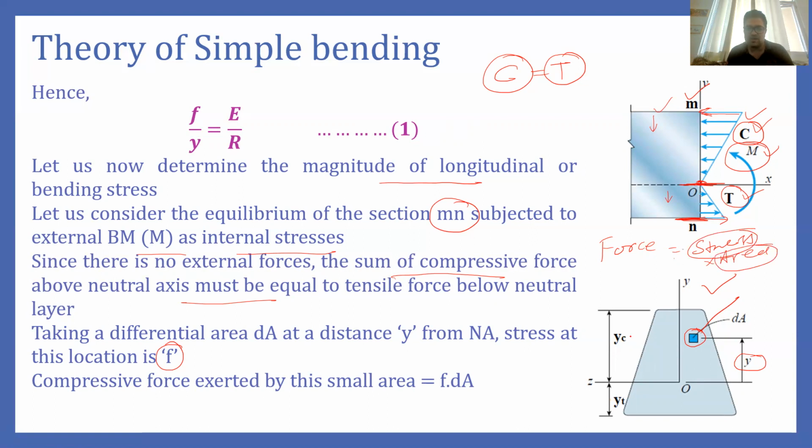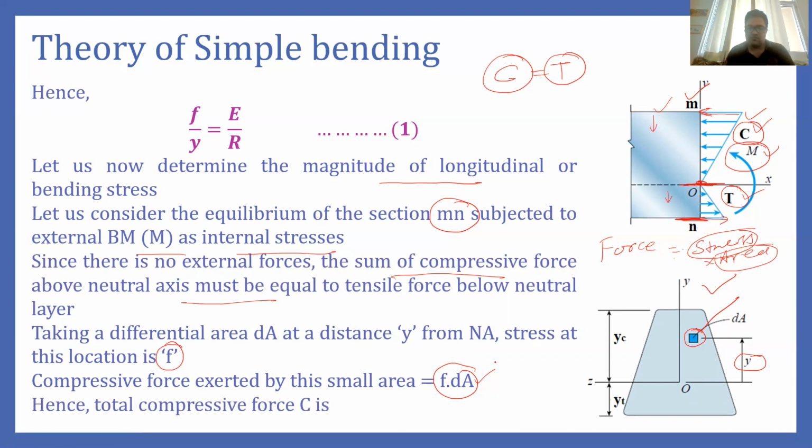So we can easily find the compressive force on this elemental area. Because this elemental area is above the neutral axis, it will obviously be subjected to compressive force, and that will be F into dA. F is the bending stress and dA is the differential area of that element.